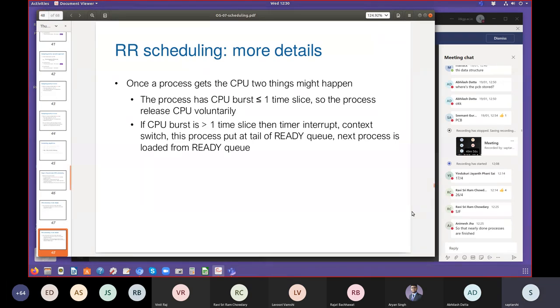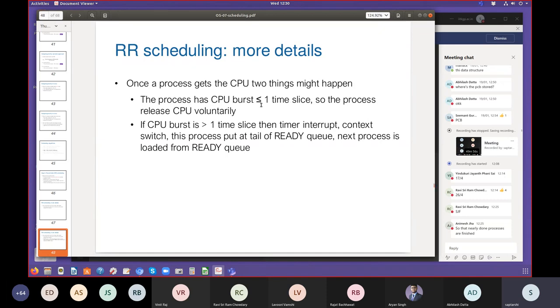Second case is the process continued executing, one time slice completed, and then the timer interrupt came. So there was a context switch and this process is put at the tail of the ready queue. In the first case, the process will be taken to the waiting state, or terminated: it might terminate before one time slice, or start waiting for some child or an event.